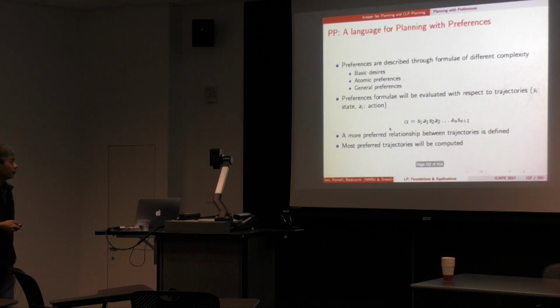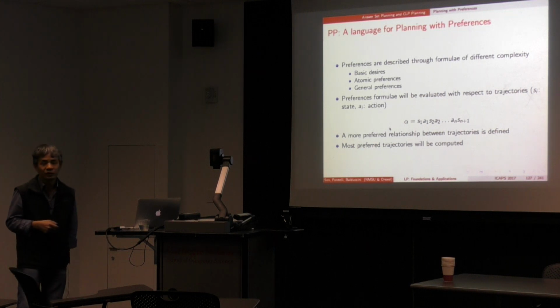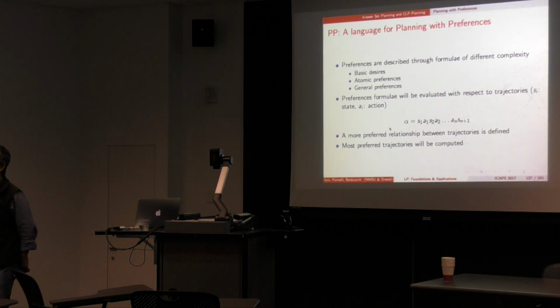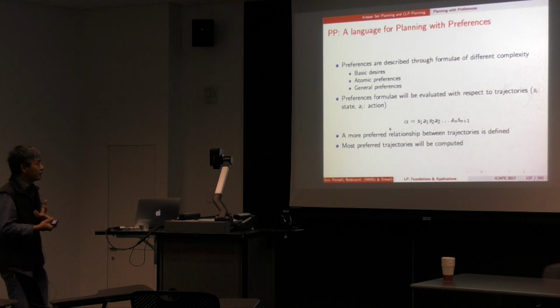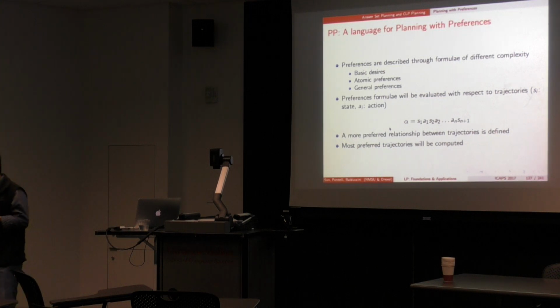Enrico and I developed a language called PP, standing for planning with preferences, that has different complexity. The first one is the basic design, the second one is atomic preferences, and then general preferences.